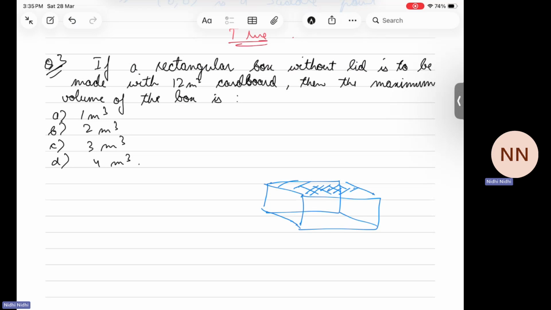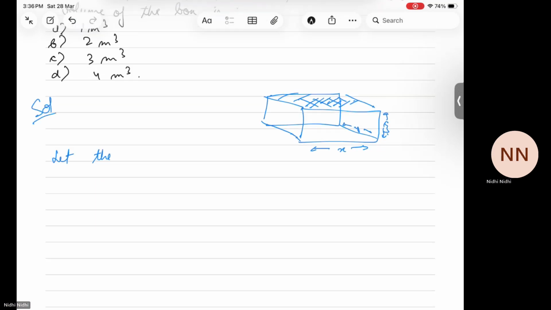So if we assume this length to be x, breadth to be y, and this height to be z, let the length be equals to x meter, the width of the cardboard is y meters, and the height is z meter.